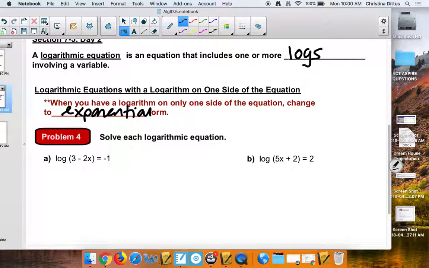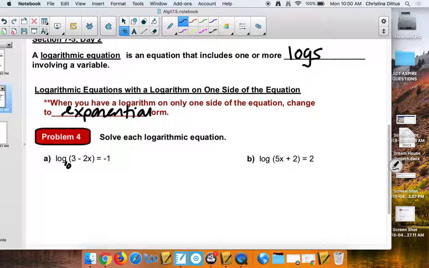Looking at our first one, I've got log of 3 minus 2x equals negative 1. What's my base there? Log of base what? 10. When there's nothing there, 10 is our base. In order to get rid of the log, you use that base as a base and take the log as an exponent.